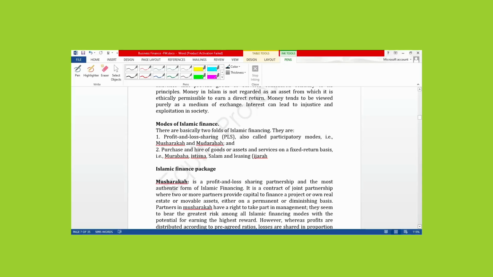Two partners, that is the bank and the customer, come together to provide finance to fund a business. The partners in Musharaka have a right to take part in management.